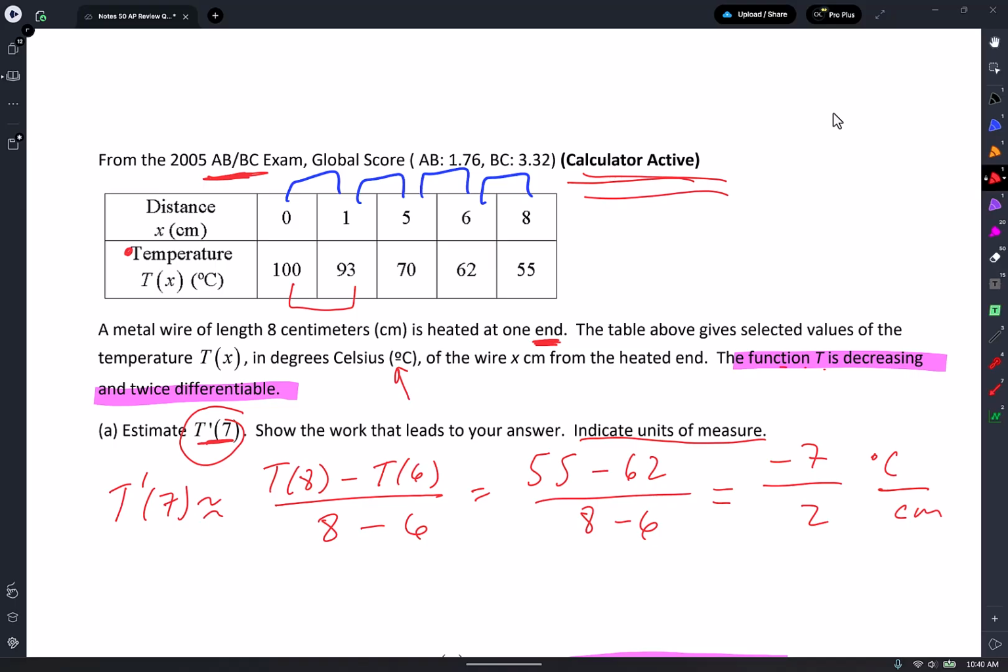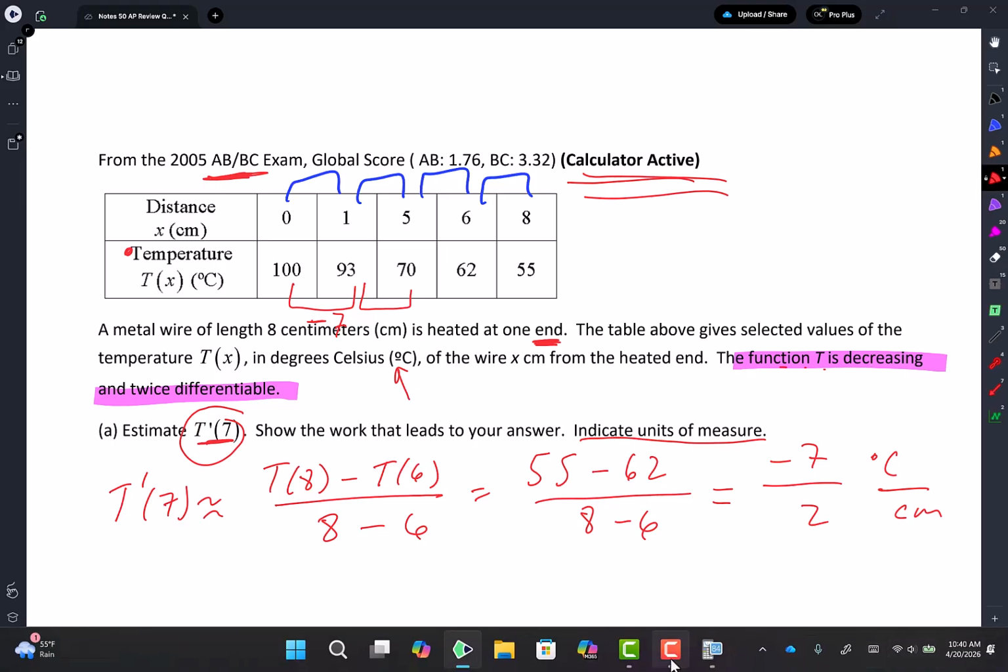What's the difference between 93 and 100? -7 divided by 1 is -7. So I'll put a -7 there. Do you see what I'm doing? The difference between 70 and 93 is -23 divided by 4. We have a calculator, right?